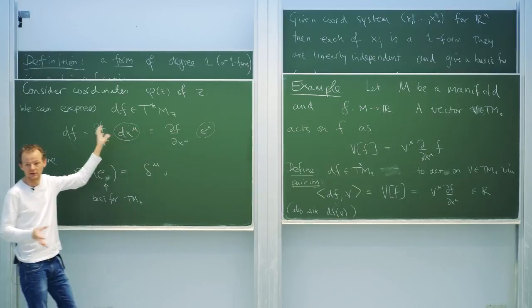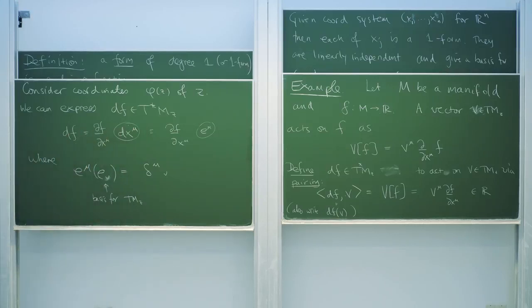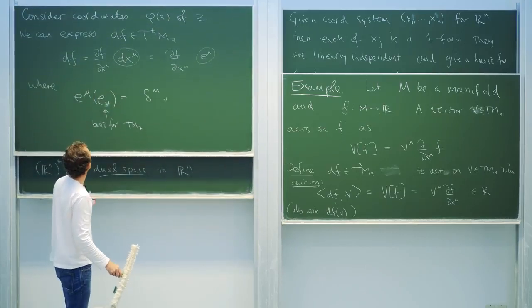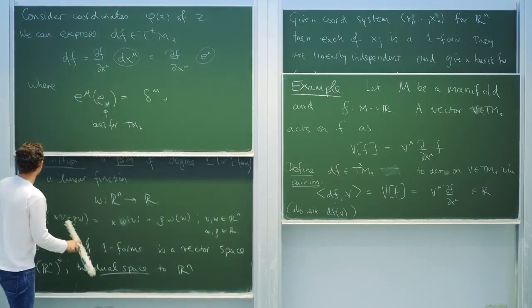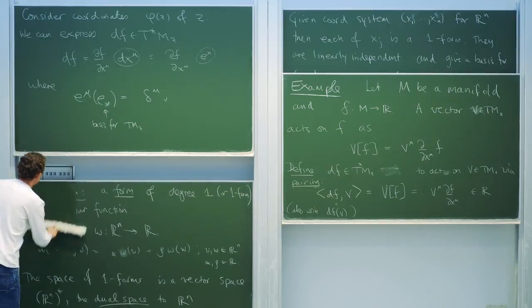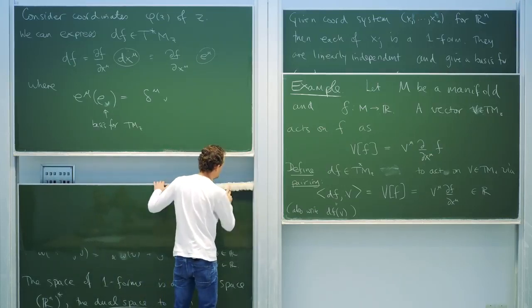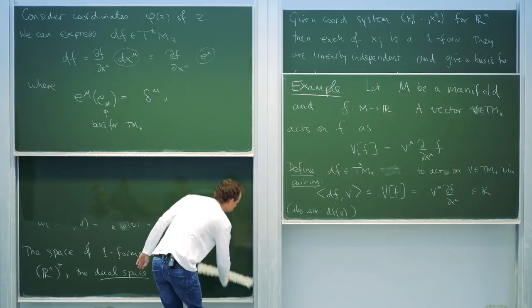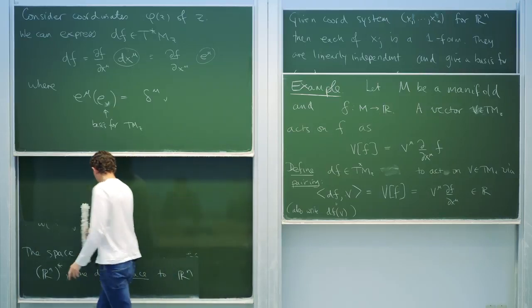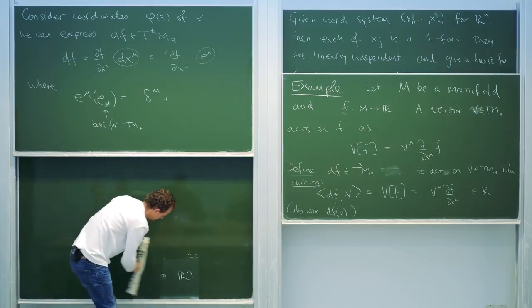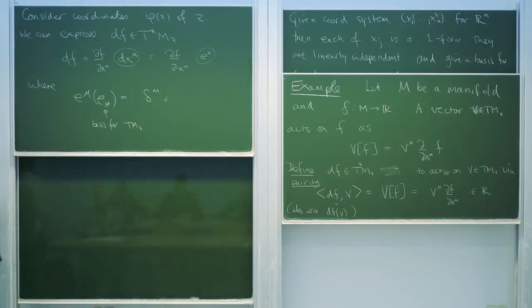So dx mu is none other than doing just that. x mu is a function on our manifold, dx mu is a cotangent vector defined according to that expression over there. And it'll turn out to be none other than this abstractly defined E mu here.